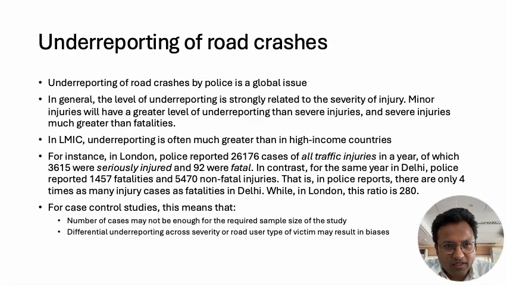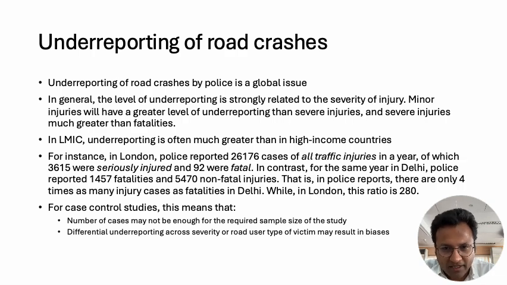Okay, so underreporting of road crashes. Firstly, underreporting of road crashes by police is a global issue. All over the world, there is some level of underreporting in police reported data.